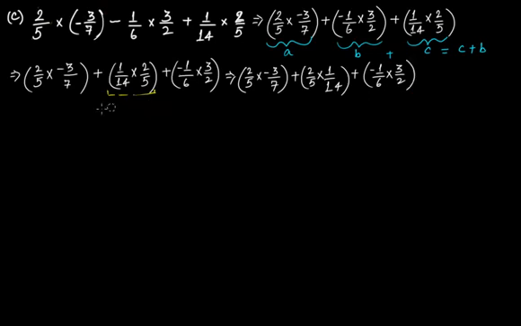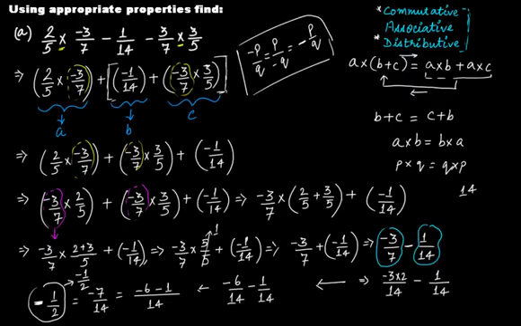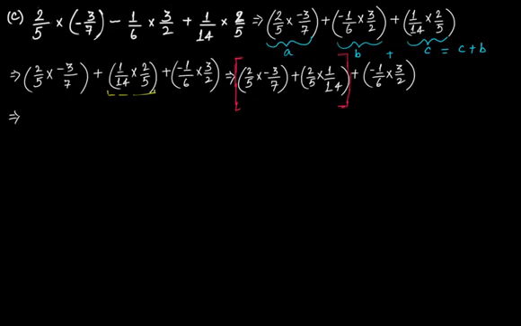Now this is what? 2 over 5. This is what? 2 over 5. So if you focus on this part, here we can apply distributive property of multiplication over addition of rational numbers. Or in layman's terms, we say that 2 over 5 is common in both these two expressions.